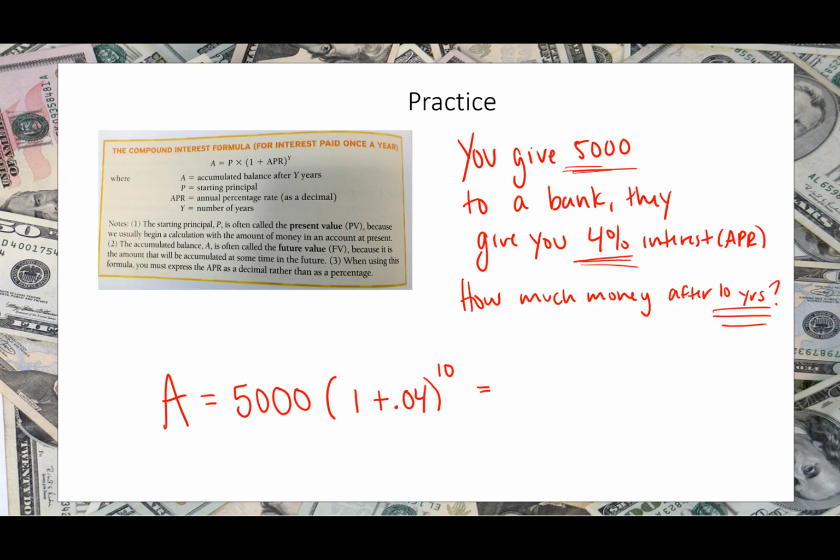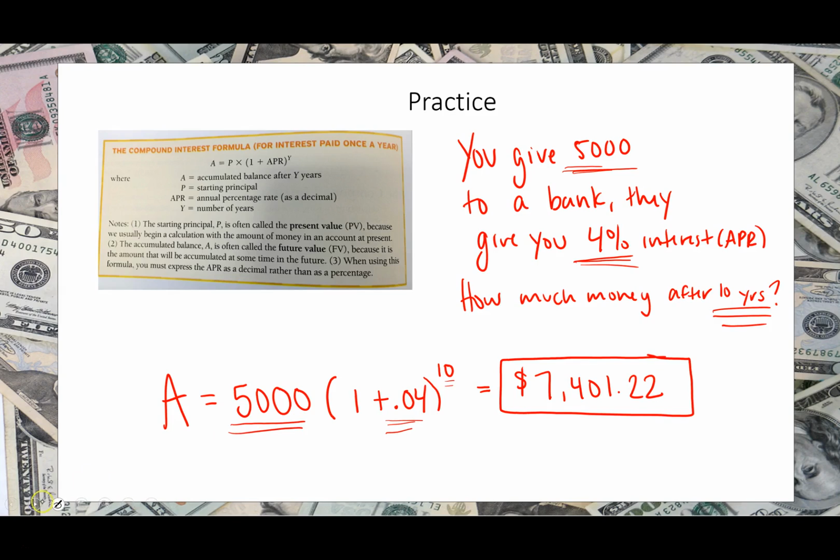I get $7,401.22. If you don't get this, make sure we talk about this in class. All right, so pretty simple. This is the original that you start with. That's your percentage, and this would be the number of years. And you just got to make sure you're plugging into your calculator correctly.